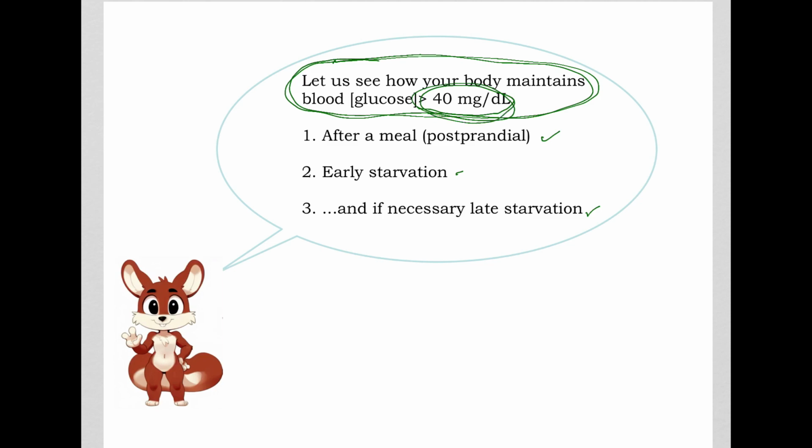Okay, so this is critical. This is very, very important. This is the crux of metabolism. We must maintain our blood glucose more than 40 milligrams per deciliter, otherwise your brain will be in serious problems. Okay, so you're including your red blood cells.